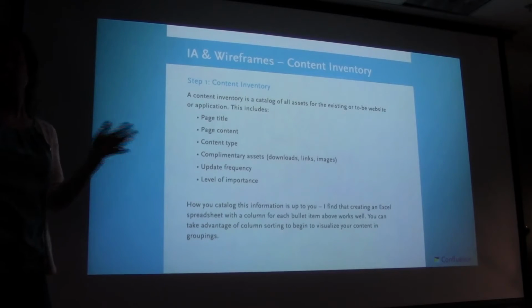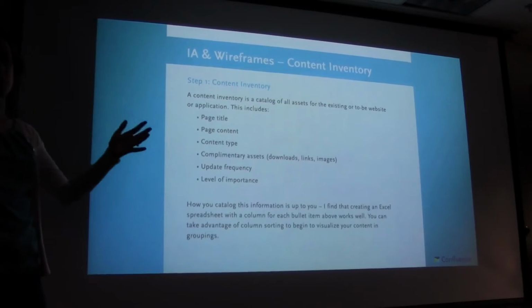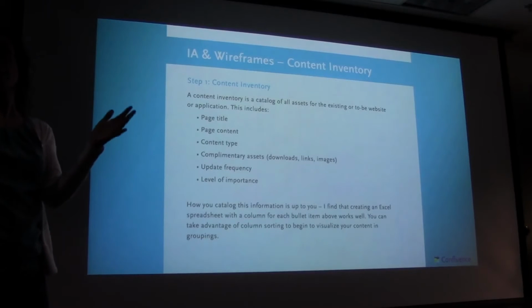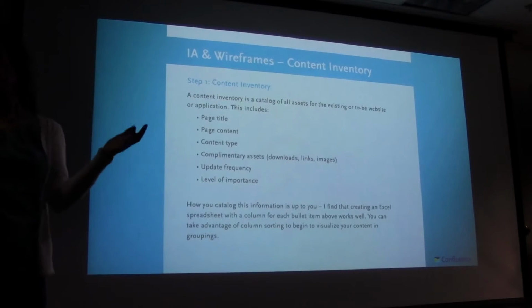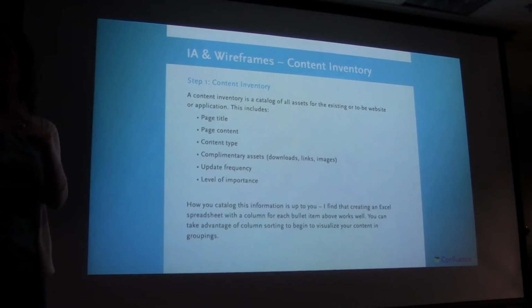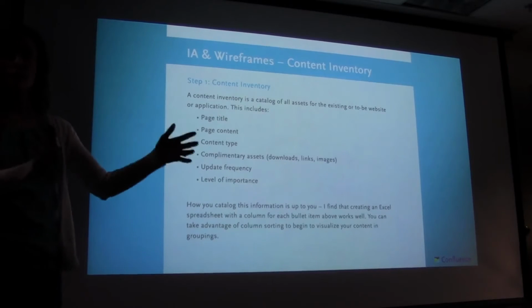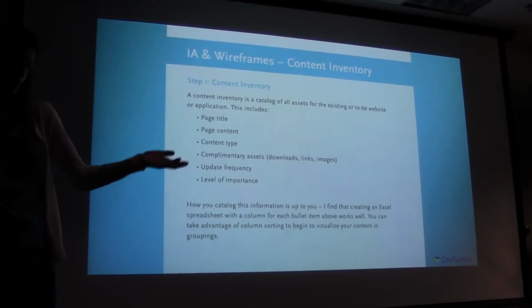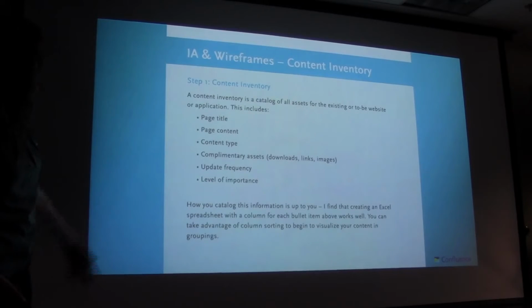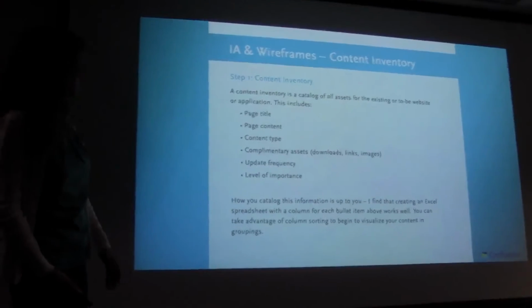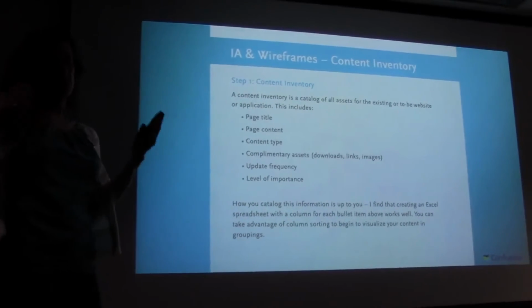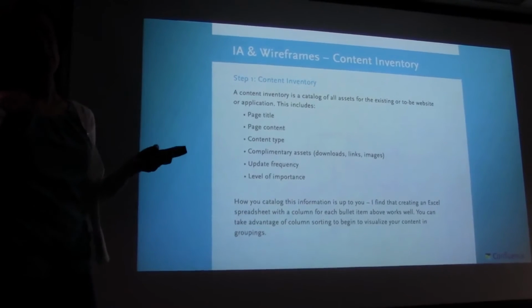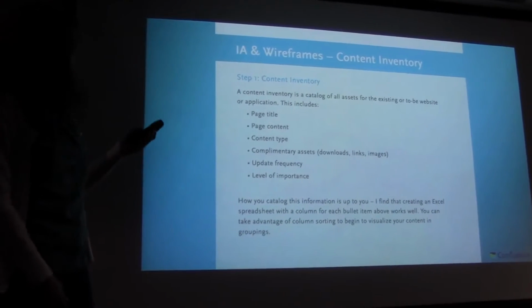That's important too because we'll talk about in the wireframe, but a successful site or app has a nice ratio of evergreen content to things that change frequently to keep people interested while still building on the base of who you are and what your product is. And then also level of importance, because level of importance obviously talks to hierarchy and importance of info.